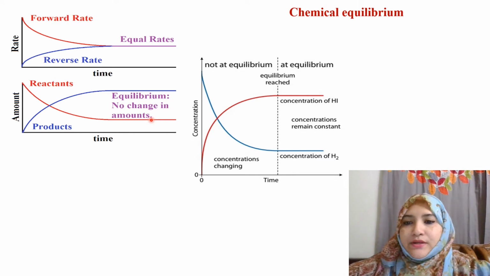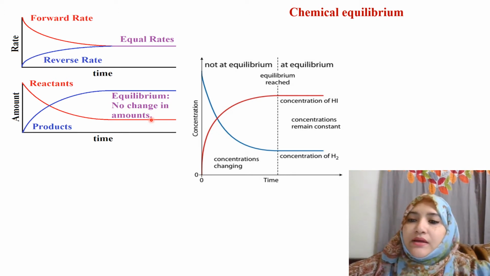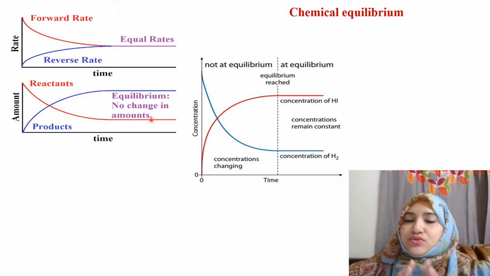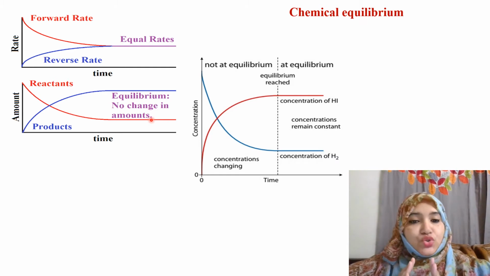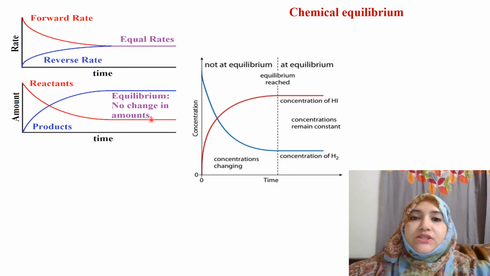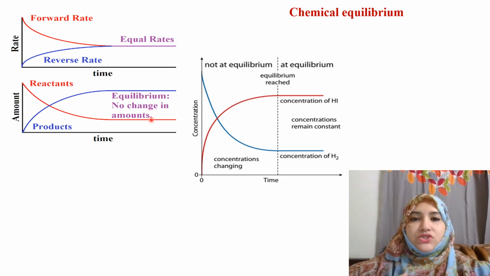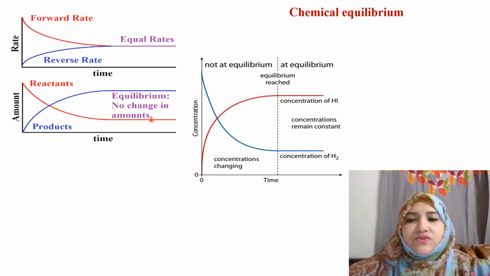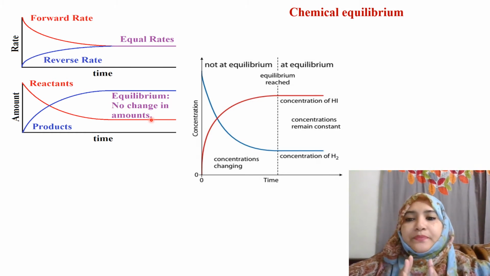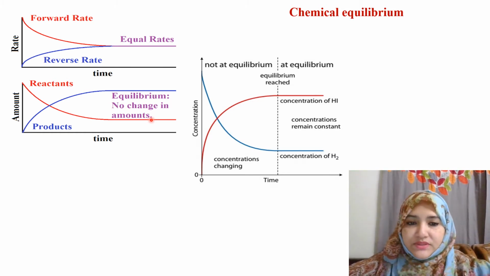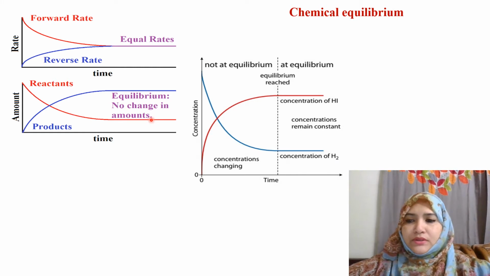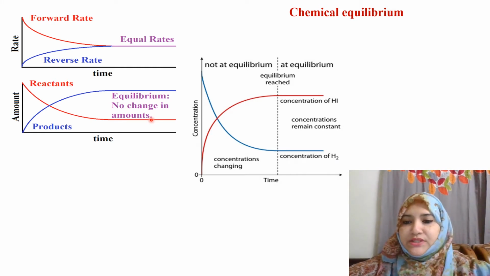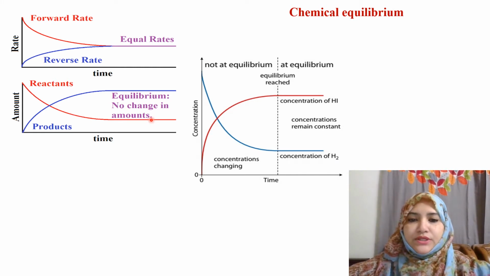A closed system is one where there is no exchange of matter, only exchange of energy. That means only heat energy, light energy, etc. can be exchanged in a closed system. There is no exchange of matter from the container or into the container.